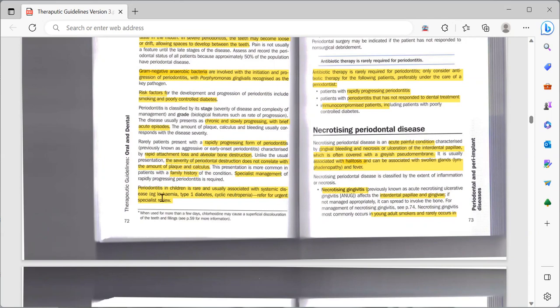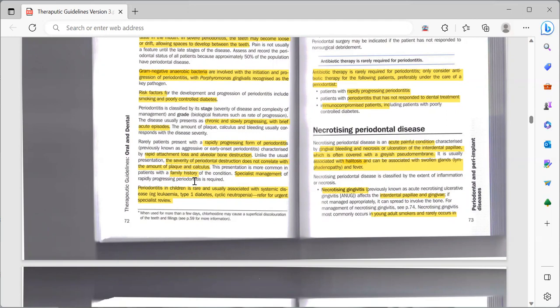For example, if the kid has leukemia, type 1 diabetes, or cyclic neutropenia, then it would cause periodontitis in children, although it is very, very rare. Then refer for urgent specialist review.